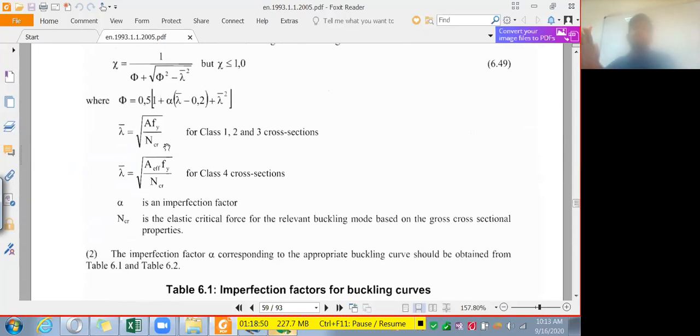We have done a problem for bending in detail. EN 1993-1-1, you can easily download it if you search for it, because the copy that I have is not a legal copy, so I can't upload it legally. There can be some legal consequences.